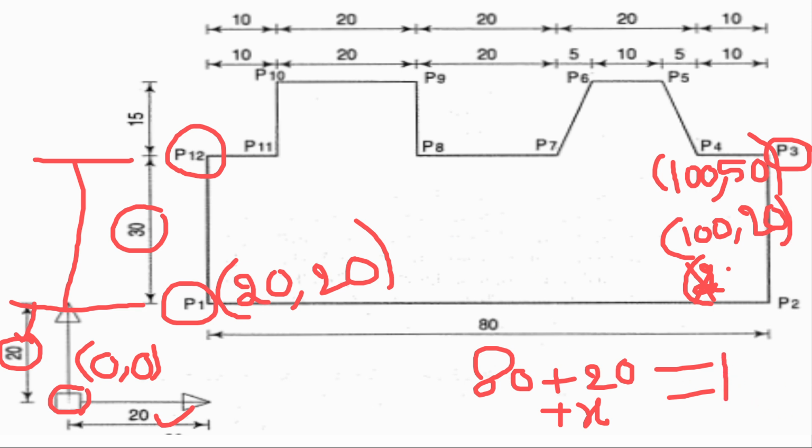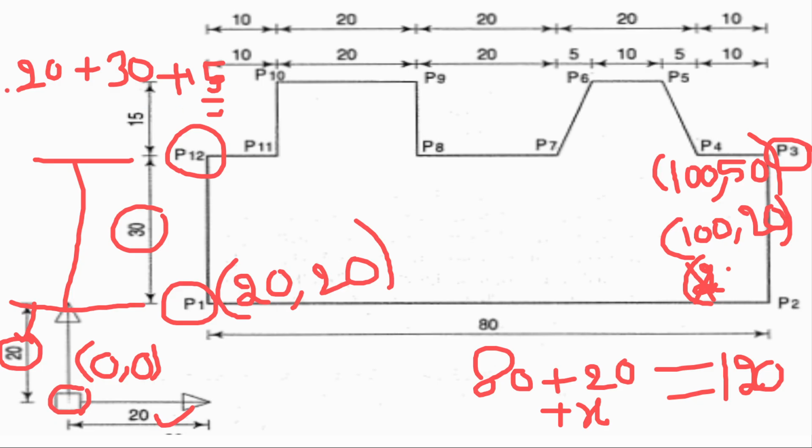So I'll be taking the total length as 120 in the x direction. Similarly, in the y direction, we can see this is the 20, and we have 30, then we have 15. You can see we have 20, 30, 15.